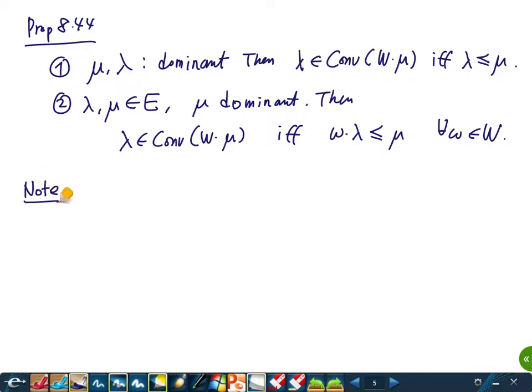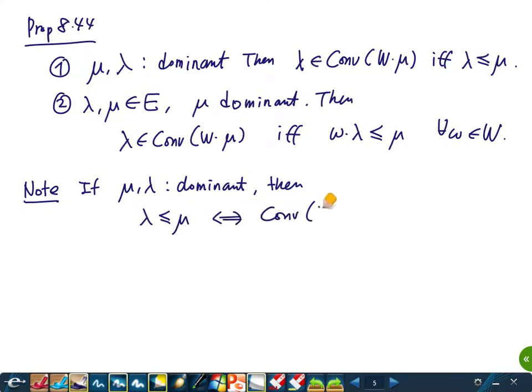So if mu and lambda, let's consider the first case. If these are dominant, then this is in fact lambda less than or equal to mu. This is an if and only if condition.